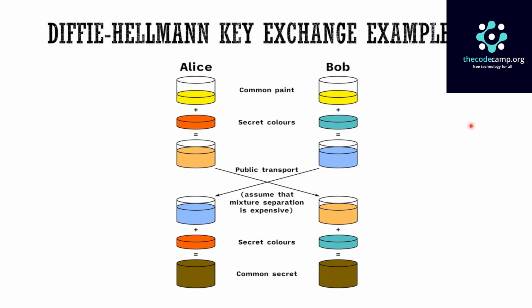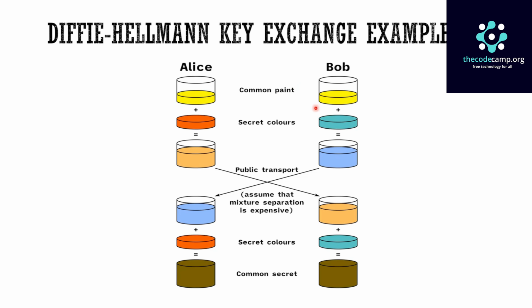Here's an example using colors of paint to try to get the point across. So Alice and Bob both have some common algorithm. They each have a secret key, the secret color. If you combine this common algorithm with this secret key, you're going to get this color for Alice. She's going to get like this orange color. Bob, however, combining the algorithm with the key, is going to get sort of this weird bluish thing.